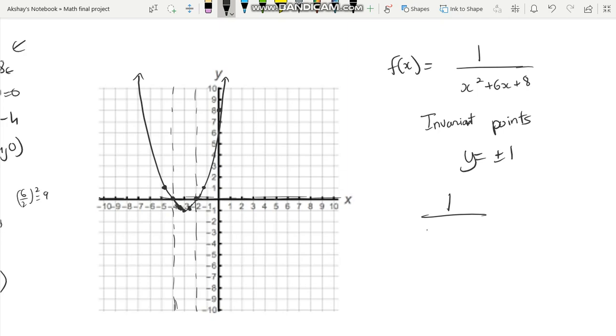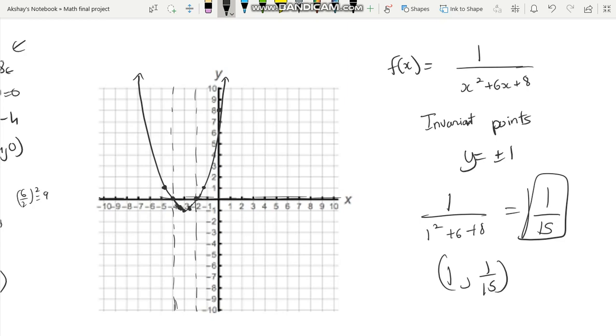I have 1 over 1 squared plus 6 plus 8, which is 1 over 15. The point is 1 comma 1 over 15, and it's very close to our horizontal asymptote of y is equal to 0. As we get greater in our x-axis, our graph gets closer and closer to our asymptotes.